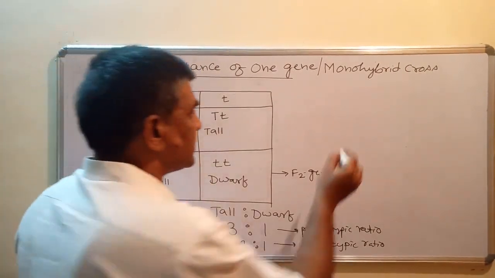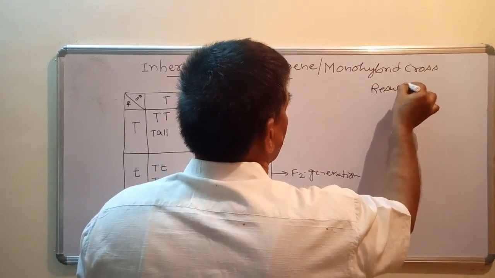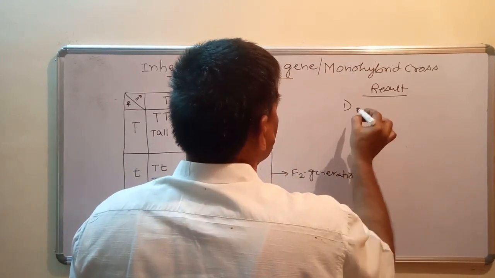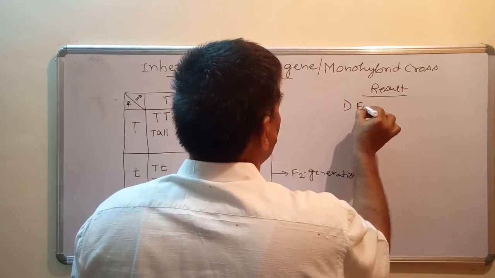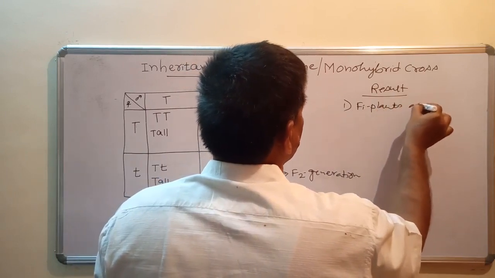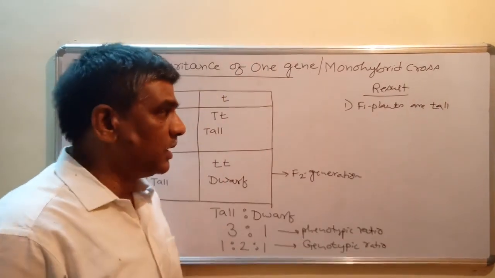Okay, the total result of this cross: in the F1 generation, all F1 plants are tall plants. All F1 plants are tall only.